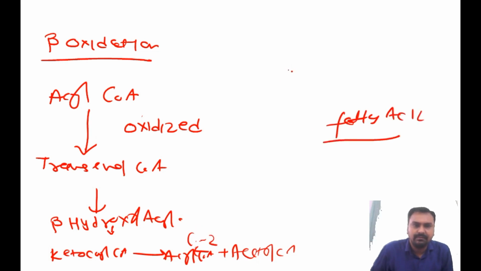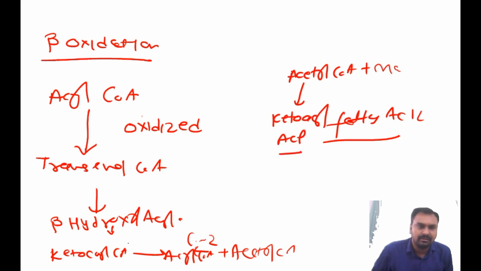In case of fatty acid, first is acetyl-CoA plus malonyl-CoA. They will form the ketoacyl ACP. Then it will be reduced. Here hydroxyacyl-CoA was converted to ketoacyl-CoA.